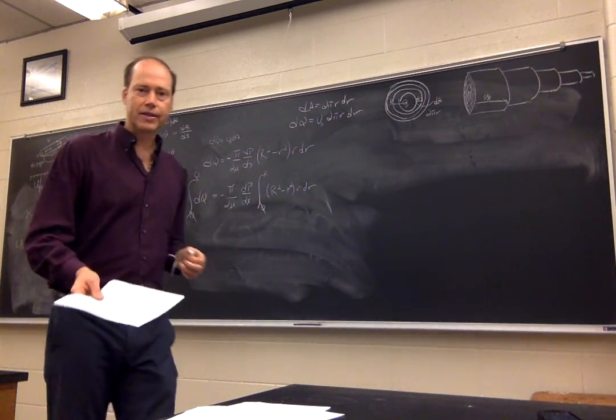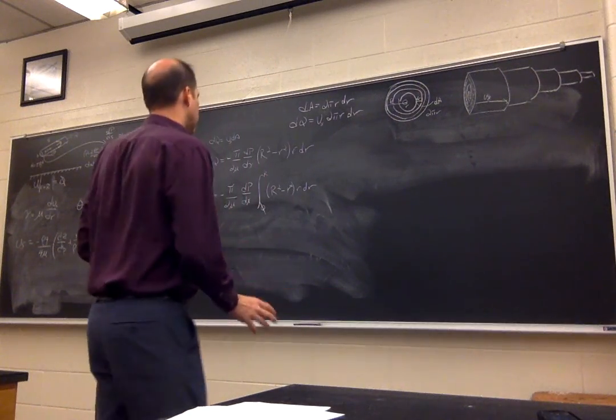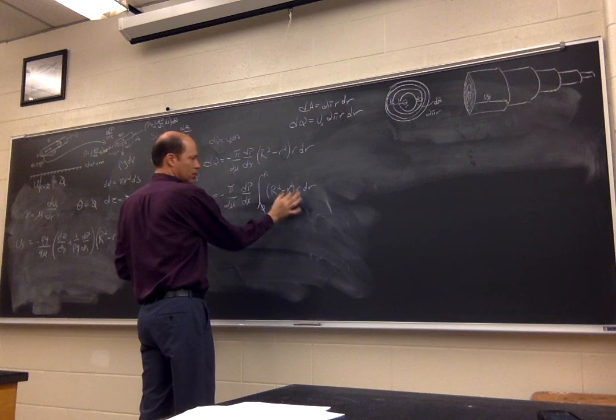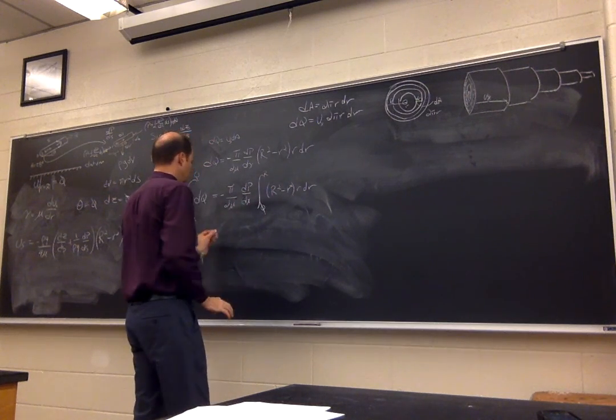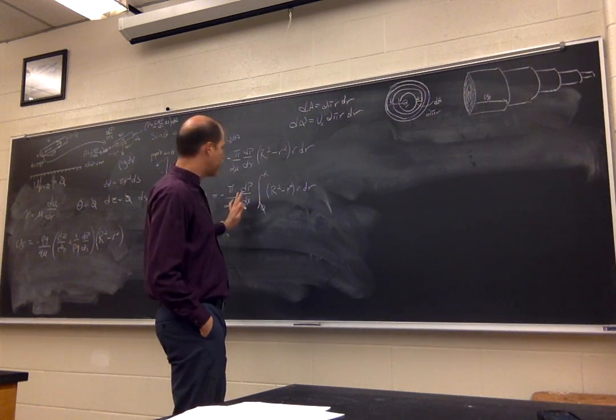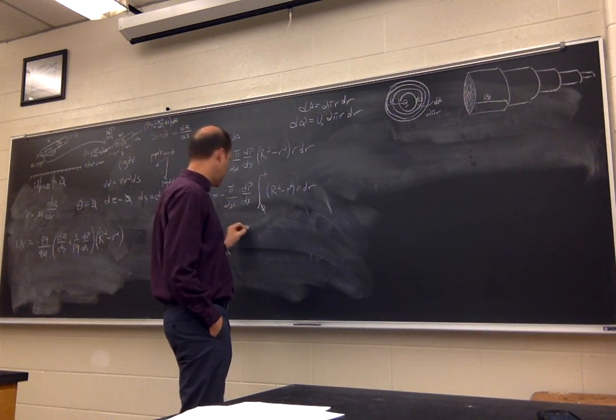So I can do this as a piecewise integration where I integrate each step. So r dr multiplied by this, r dr multiplied by this, and then I can integrate both of those sides. I'm not going to write all of this stuff out here because that remains the same.